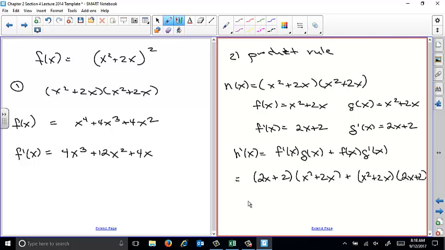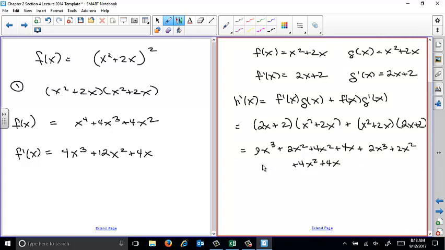And then you multiply it out with FOIL, so you'll get 2x cubed plus 2x squared plus 4x squared plus 4x. And then you get it again. So I get plus 2x cubed plus 2x squared plus 4x squared plus 4x.